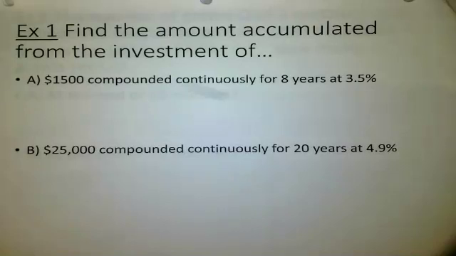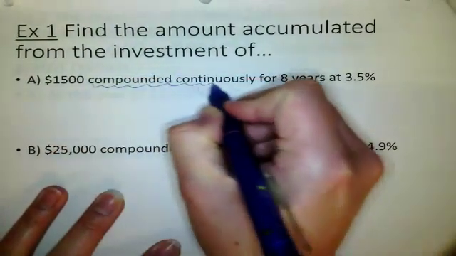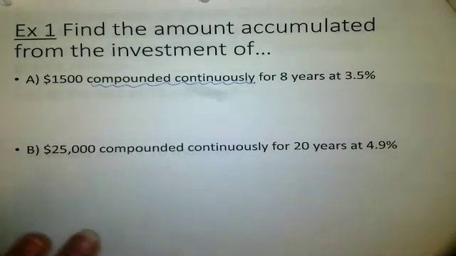Okay, so first of all, it says compounded continuously. Because it's using that wording, that tells me what formula to use. Compounded continuously is the PERT formula.